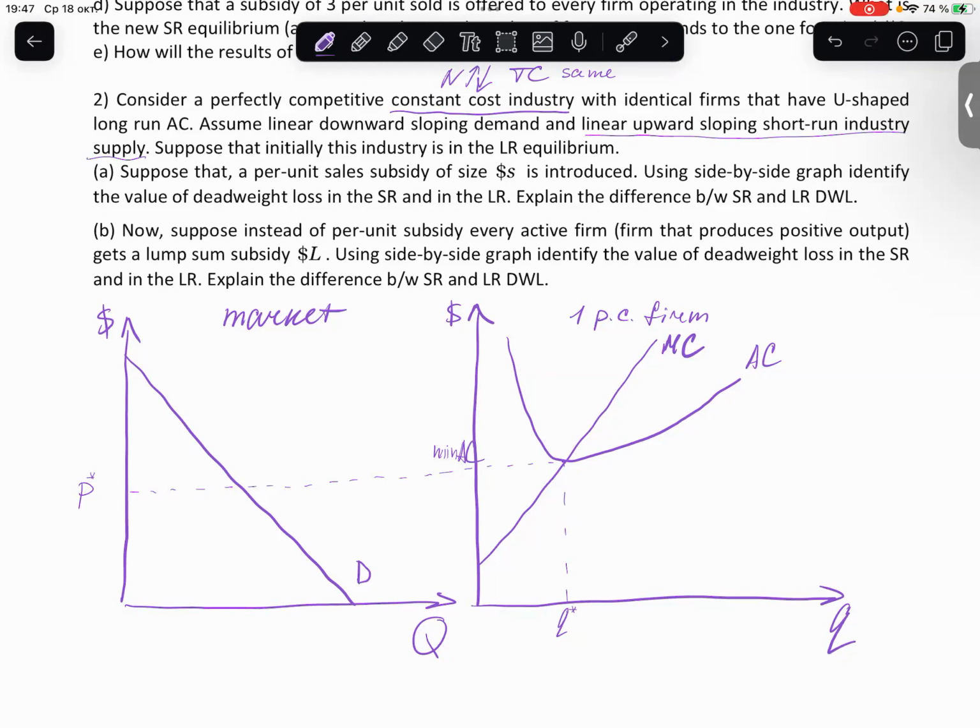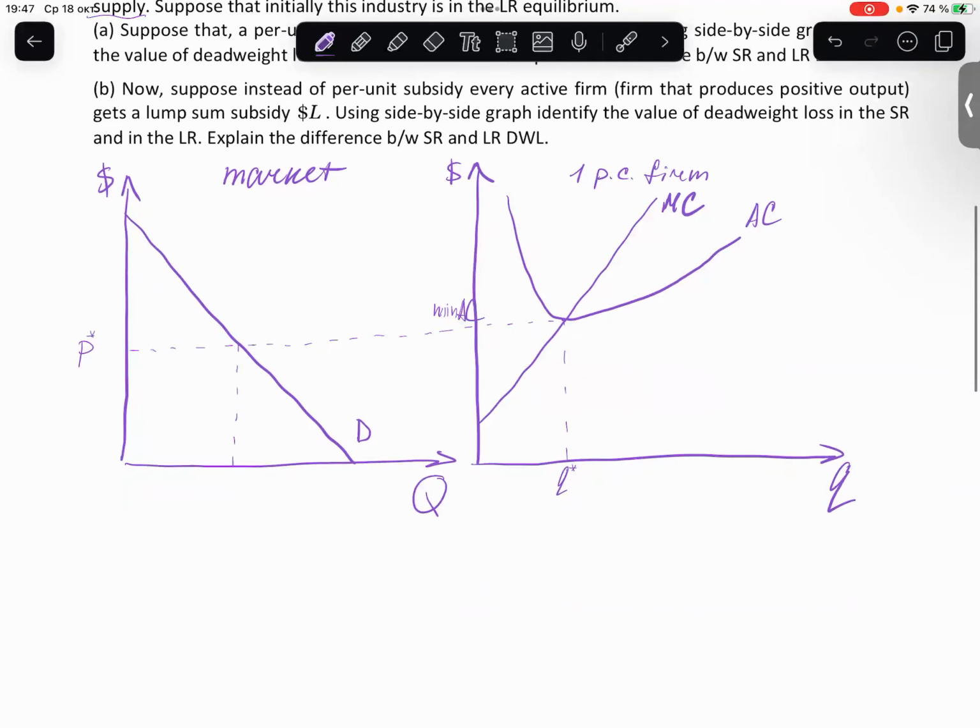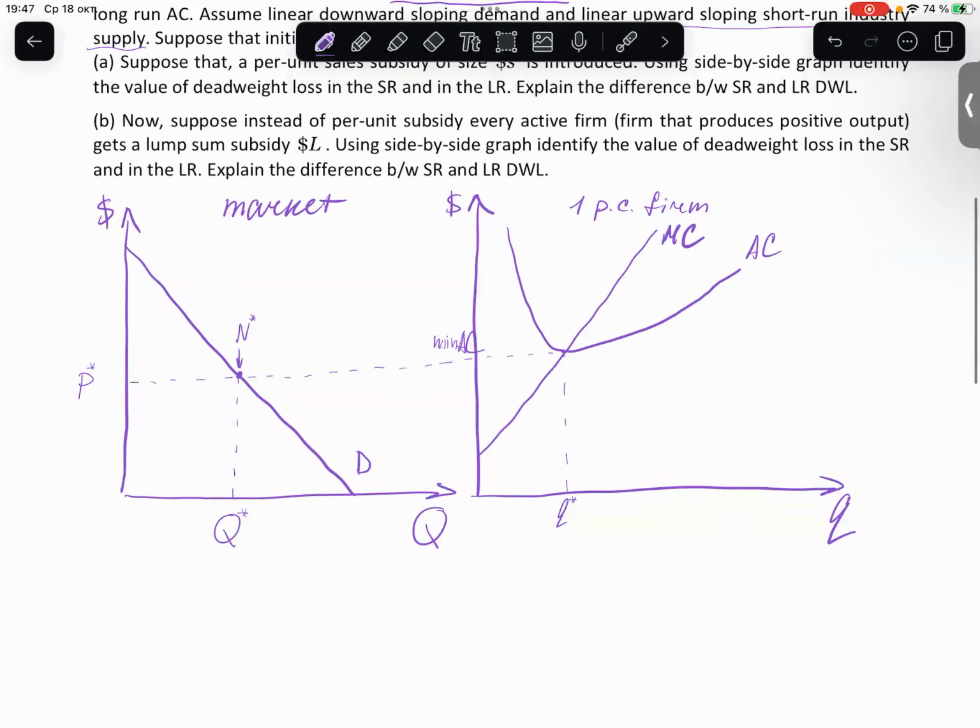For such a price, this is the amount that our buyers will consume. When we know the amount that one firm will produce and the amount that will be sold in total, we will find the number of firms in the market. So this point is related to this actual number of firms in the market. This is the initial equilibrium.